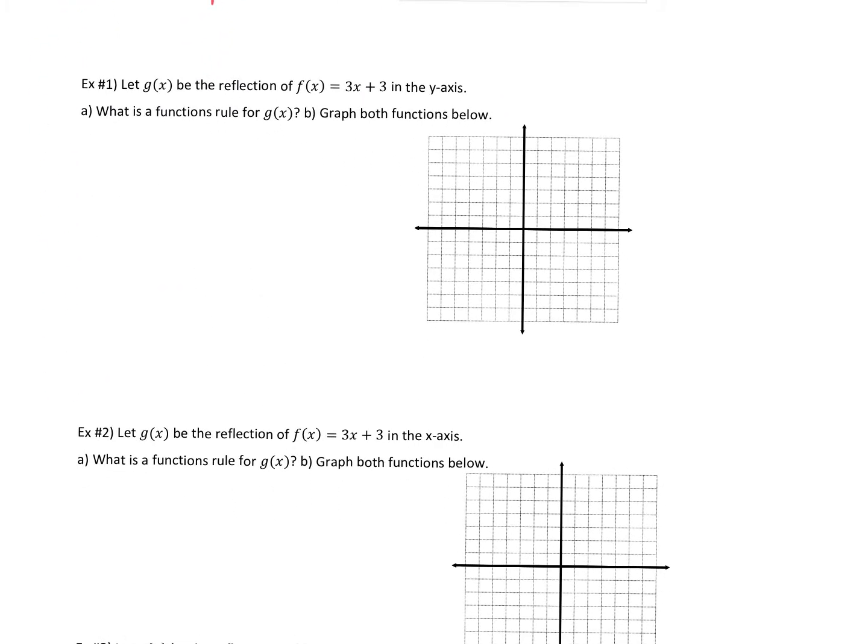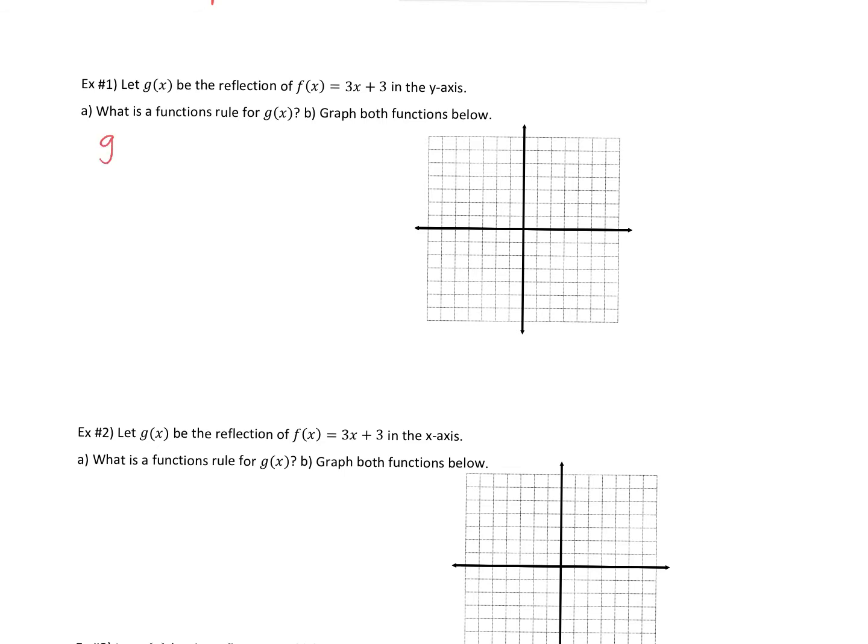So example 1 says: let g of x be the reflection of f of x equals 3x plus 3 in the y-axis. So if we're flipping over the y-axis, what is changing? Just the x value. So here's all you have to do with this.